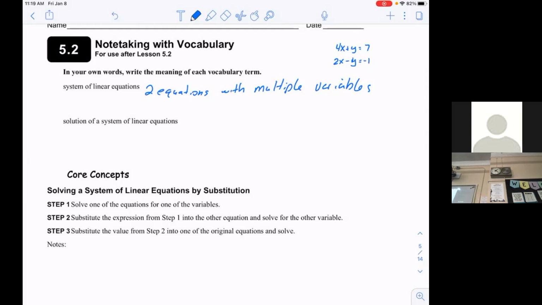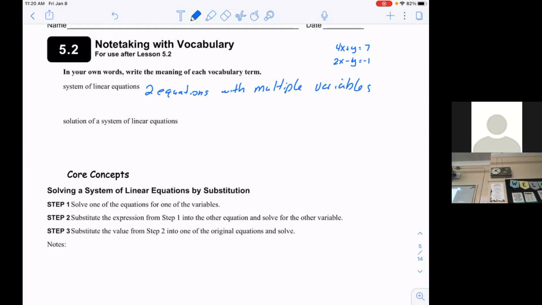Any takers? What did we find last time? Can we be a little bit more precise about what exactly is the solution? We tested it to see if it was a solution, but what is a solution to a system of equations?